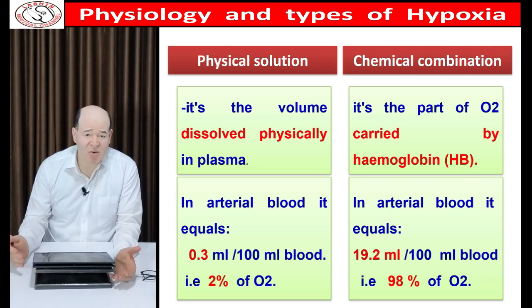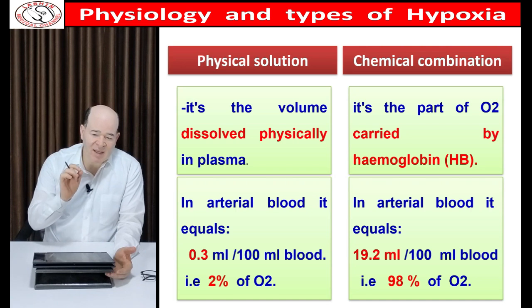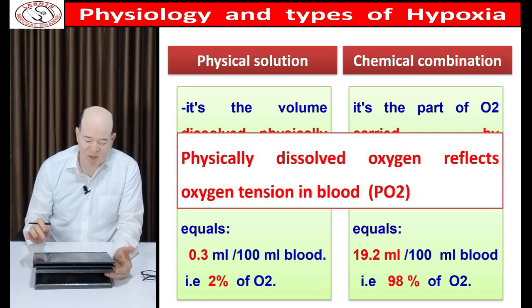However, the chemical combination represents about 98%. It is the amount of oxygen that is carried on hemoglobin. It equals about 19.2 milliliters. So most of the oxygen in blood is in the form of a chemical combination with hemoglobin, and the volume that is physically dissolved is so little, about 2% only.